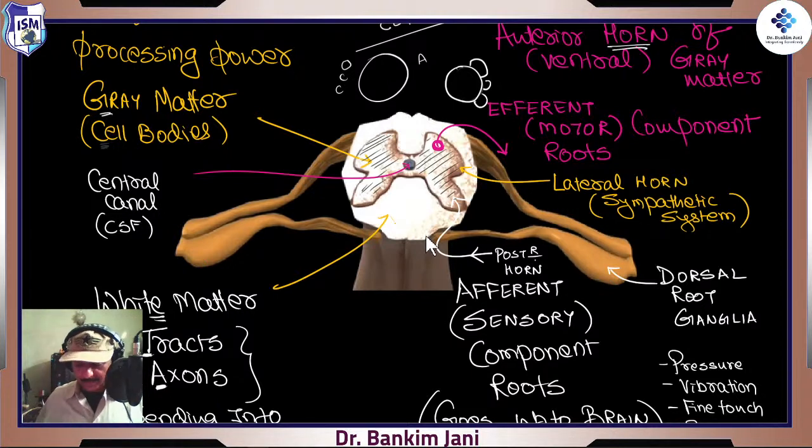Accordingly the names are given. The easiest is the lateral one. So that's the lateral horn, and we have got the anterior horn, and there is a posterior horn. So here it is. We have got the anterior horn, we have got the lateral horn, and then there is a posterior horn, right?